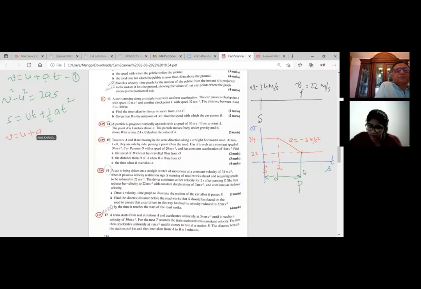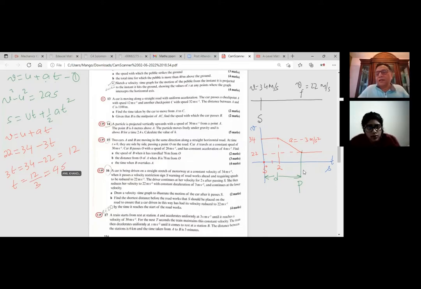Is that clear to you? Final velocity is 22, initial is 34, acceleration is minus 3, times t. So 3t equals 34 minus 22, which is 12. And so t equals 12 over 3, which is 4 seconds.